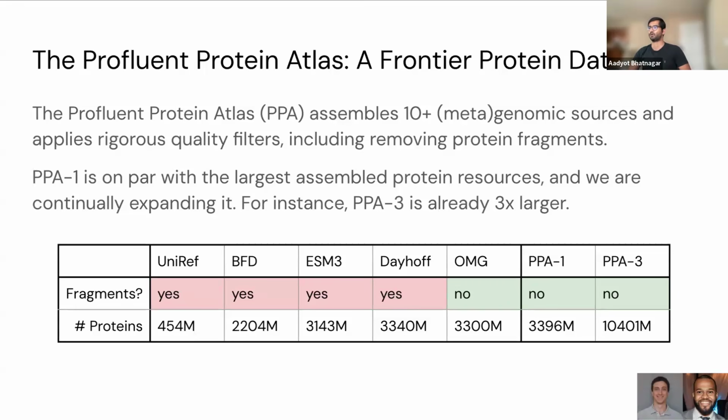And to our knowledge, pretty much only the OMG corpus of these other big ones out there does this step. And the PPA version 1, which is what we trained ProGen3 on, is on par with the largest assembled protein resources, and we are continually expanding it. So for instance, PPA version 3 is 3 times larger and has 10 billion full-length protein sequences in it.